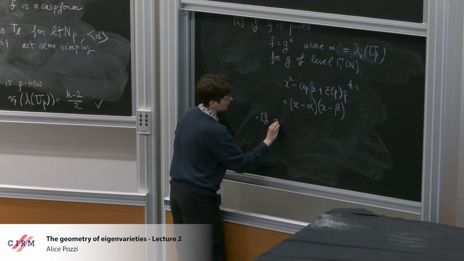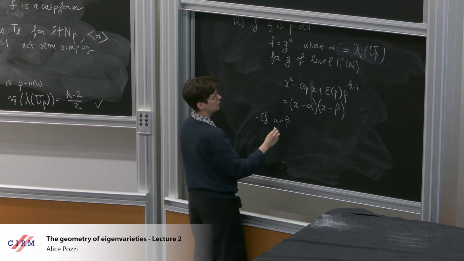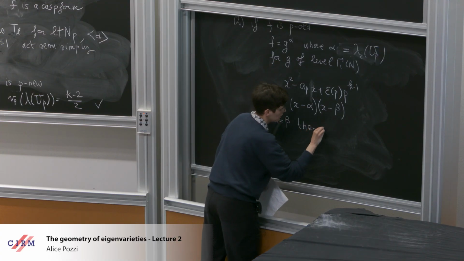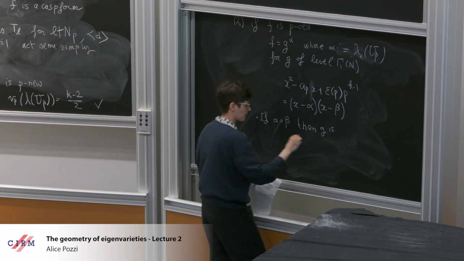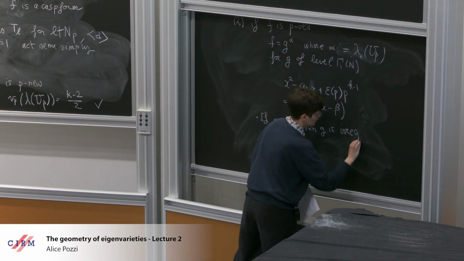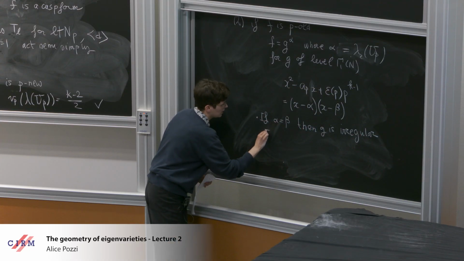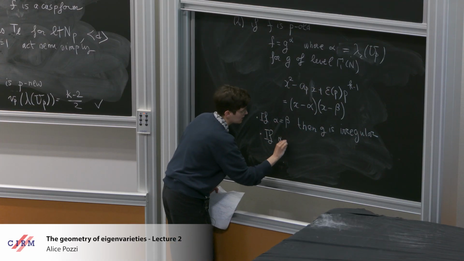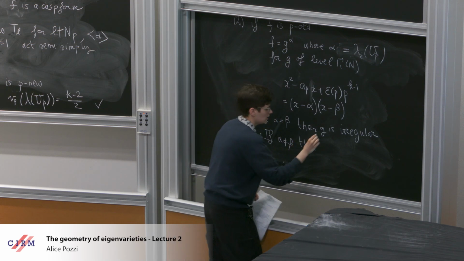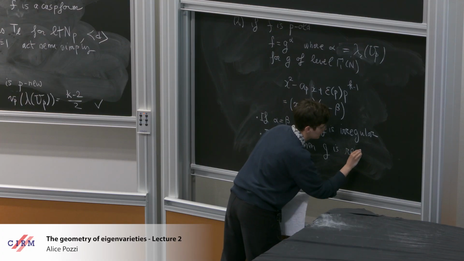If alpha equals beta, then I call G, the old form, irregular. And if alpha is not beta, then G is called regular.